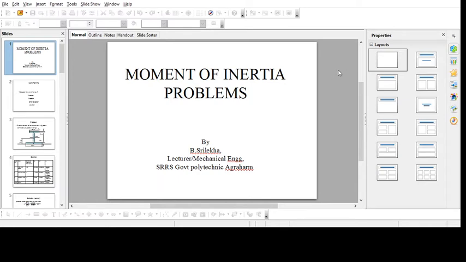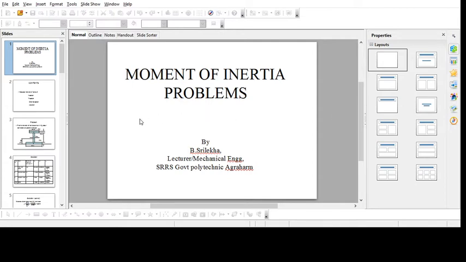Next, IG means moment of inertia about the centroidal axis. It is simply BD cube by 12, we know the formula. So 100 into 20 cube by 12, where B is 100 and D is 20. You'll get 66,667 mm to the power of 4.